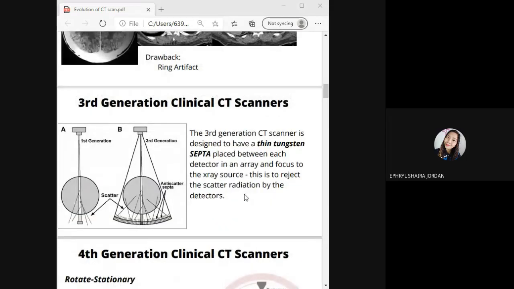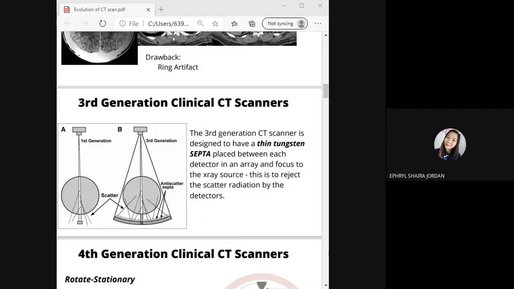So the third generation CT scanner is designed to have a thin tungsten septa placed between each detector in an array and focus the X-ray source. This is to reject the scatter radiation by detectors. So, 'di ba, ang main problem sa second generation na CT scan was scatter radiation.